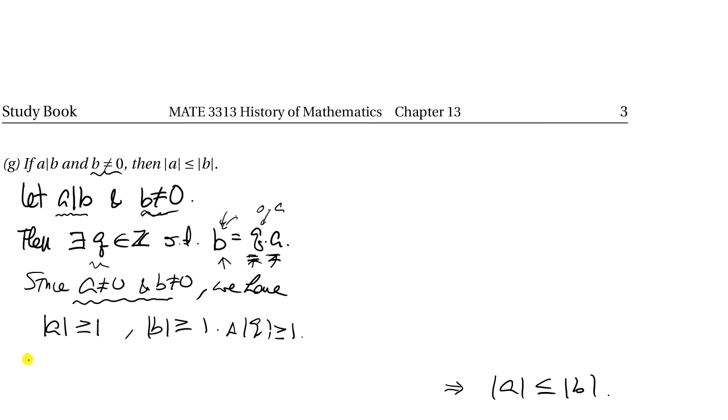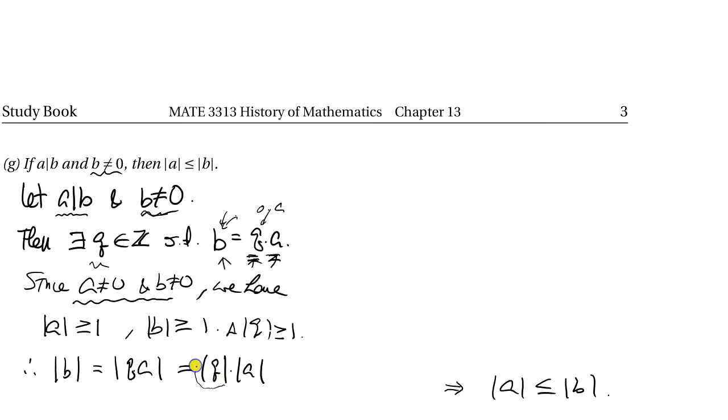Then, therefore, we can say the absolute value of B equals the absolute value of Q times A, right? But we can separate that into the product of two absolute values.